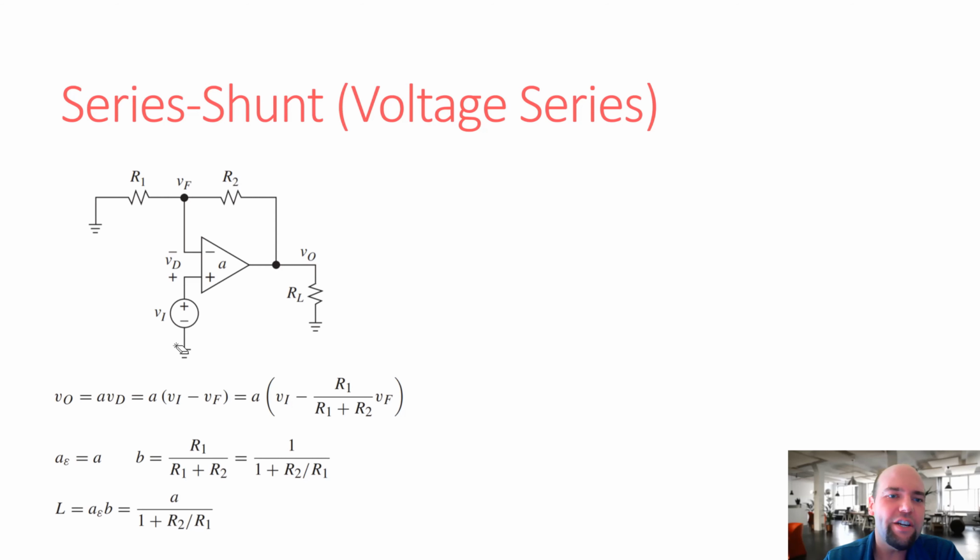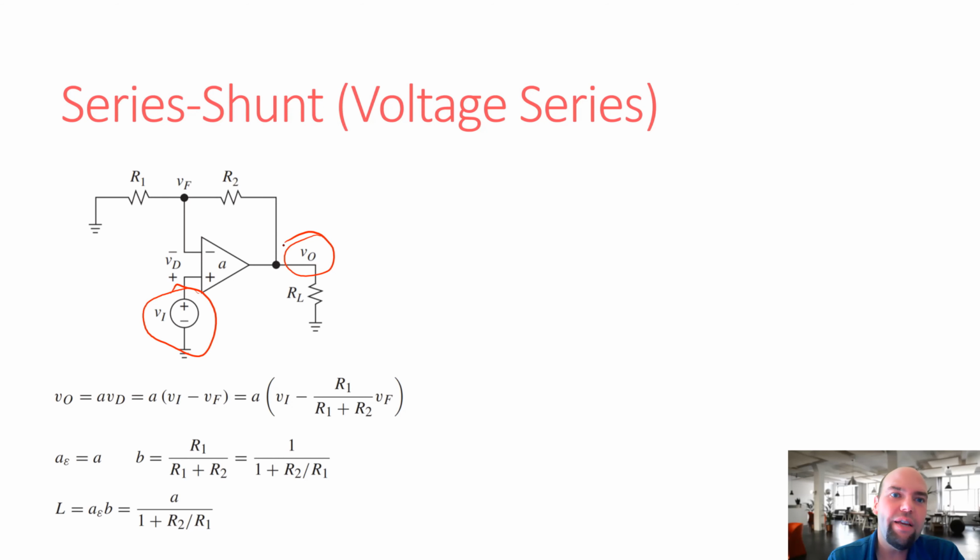Okay, let's look at this circuit. We have an input voltage supply here, and we have an output voltage. Now, I'm going to do my quick check here. If I wiggle this input voltage, does the voltage at the terminals of the op amp increase and decrease? It does. Because my input is connected directly to the positive terminal, in the ideal case, if I increase this voltage, the positive terminal voltage increases and correspondingly the negative terminal voltage increases.